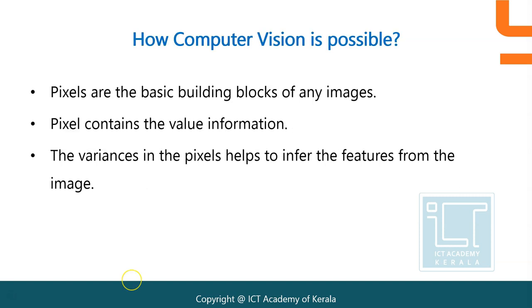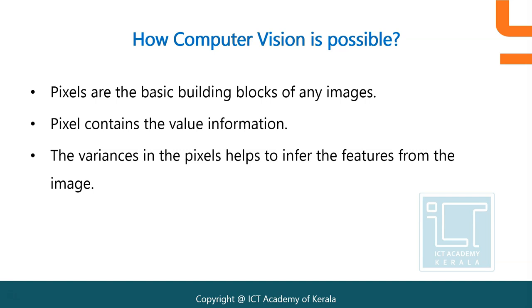So how are the machines accurately identifying the objects? That's a question. Digital images are actually a collection of pixels. In other words, you can say pixels are the basic building blocks of any image. The pixel value at a particular location will contain the information at that position. The variances in the pixels help to infer the features from the image.